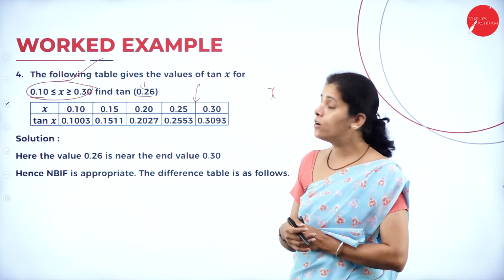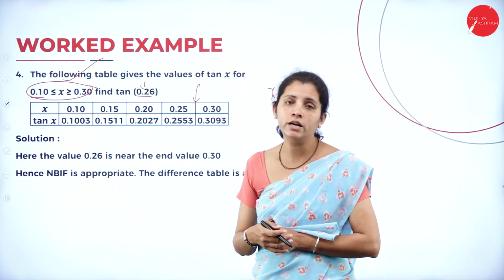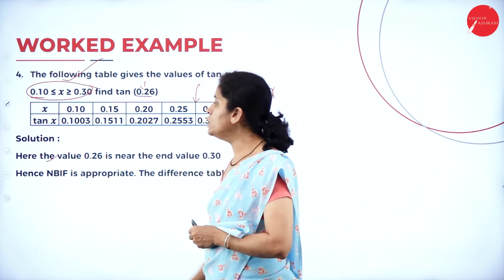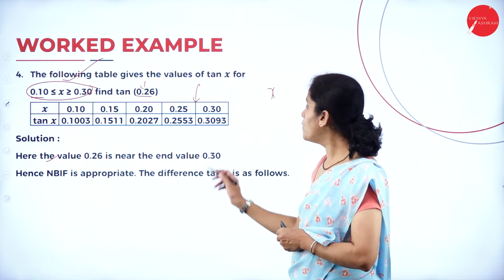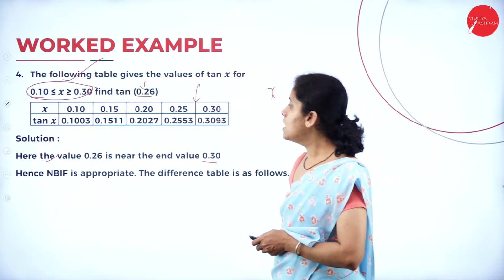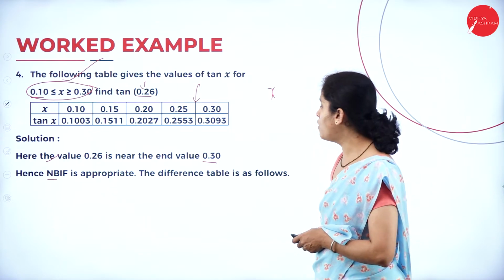So what kind of interpolation formula am I going to use here? That's nothing but the forward interpolation formula. So here the value 0.26 is nearer to the value 0.30. So I'm going to use Newton's backward interpolation formula.